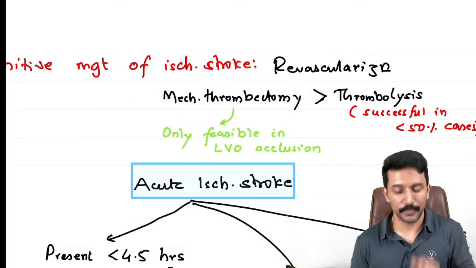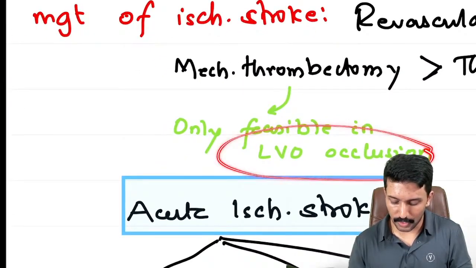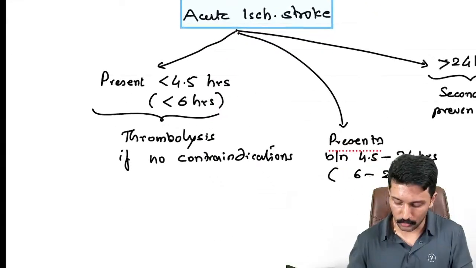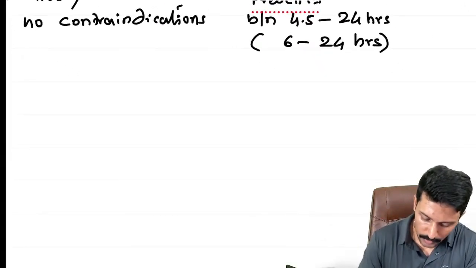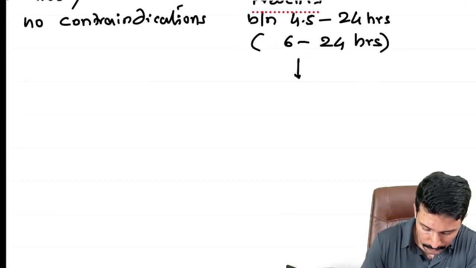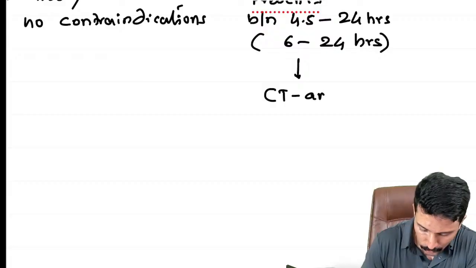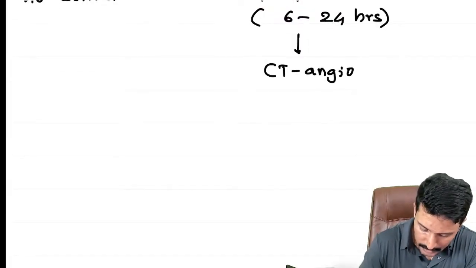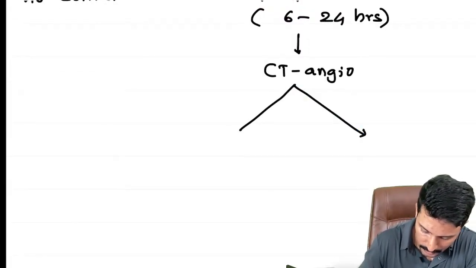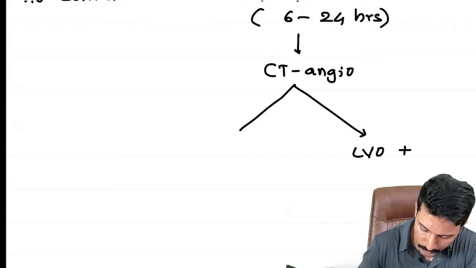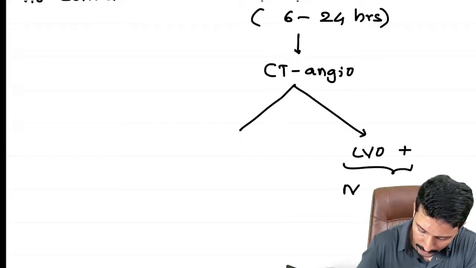But is thrombectomy feasible? For that I need to know whether large vessel occlusion or small vessel occlusion is there. That's why in these patients we have to go for the CT angio. And if the CT angio says there is large vessel occlusion present, then we go for mechanical thrombectomy.